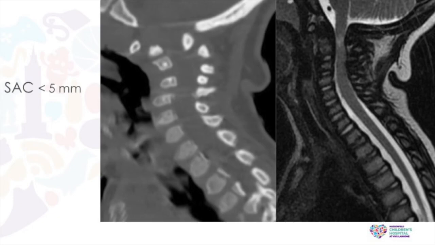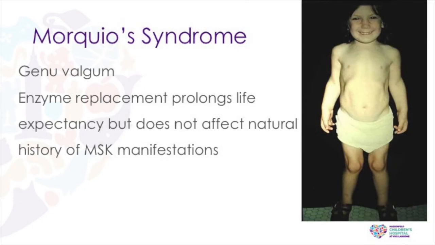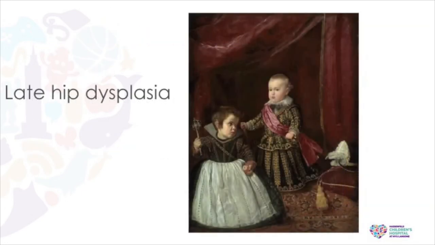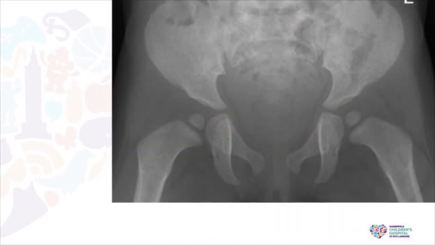Another difference between Morquio's syndrome and achondroplasia is the fact that Morquio's patients tend to develop genu valgum, whereas achondroplastics tend to develop genu varum. It should be noted that enzyme replacement therapy has prolonged the life expectancy for patients with Morquio syndrome, but has not had a significant effect on the natural history of the musculoskeletal manifestations.